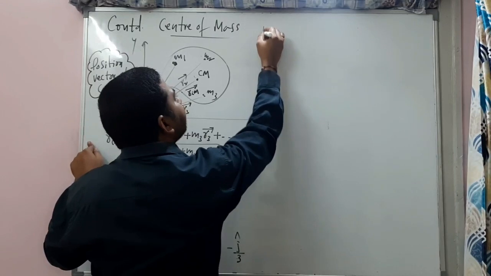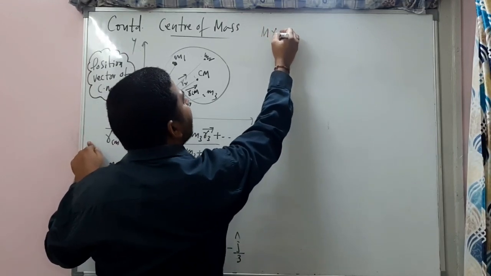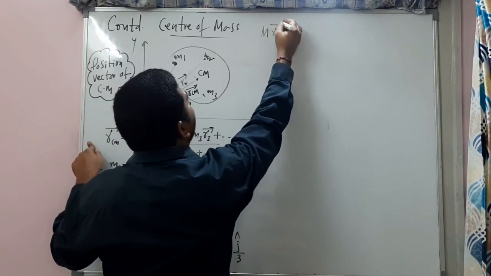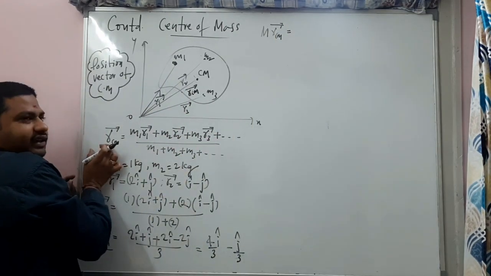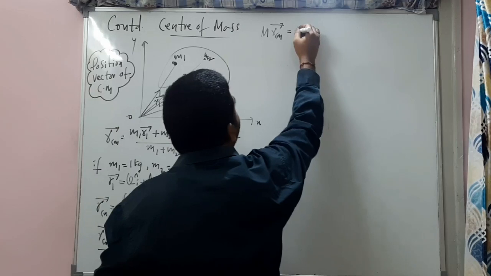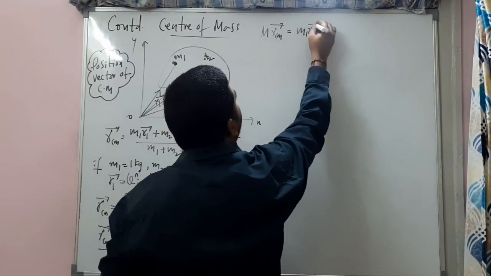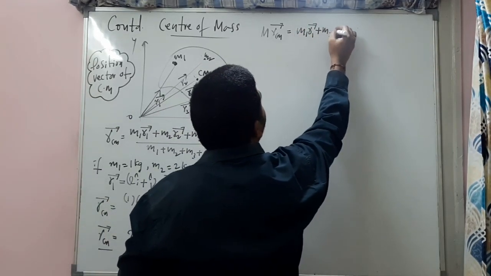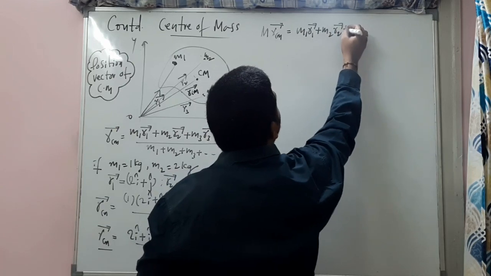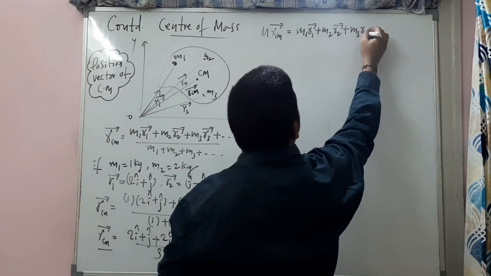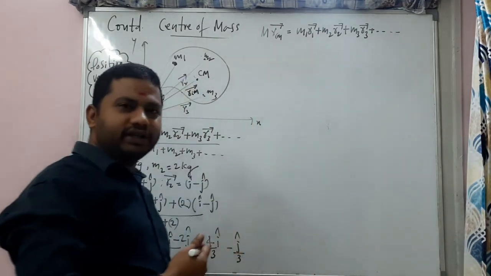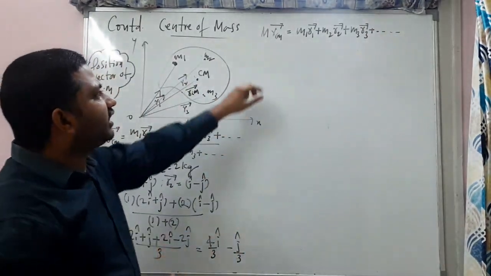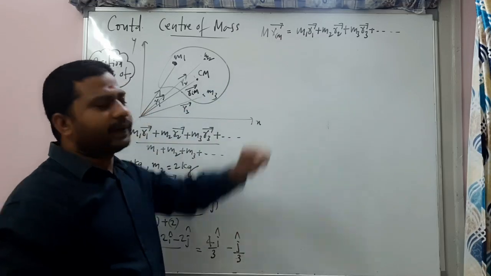So that will be M into RCM bar, which is equal to M1 R1 bar plus M2 R2 bar plus M3 R3 bar plus so on. What I am doing here is differentiating this R with respect to time.